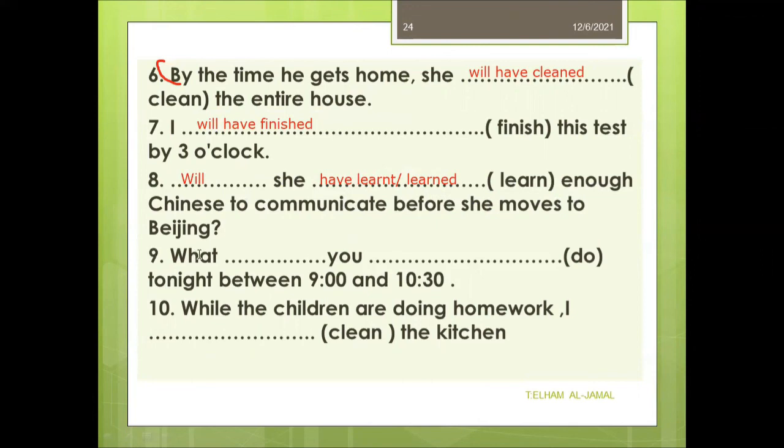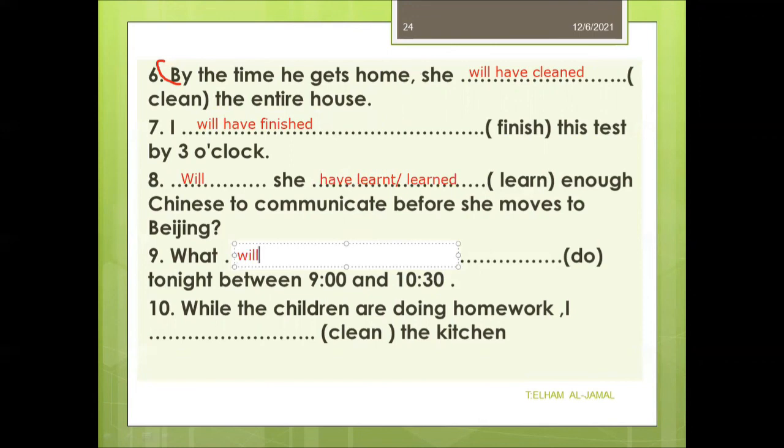Number 9, what space you space tonight between 9 and 10:30. We said if we have a time period, between 9 and 10:30, the event is continuous.